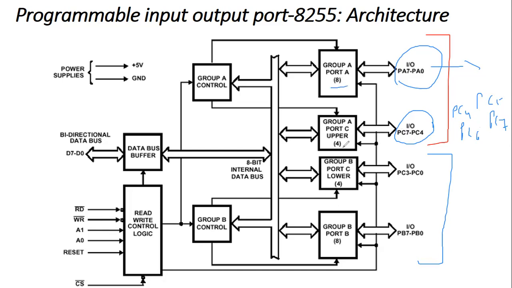In total, 8 pins of port A and 4 pins of port C. Now group B consists of the lower 4 pins of port C, PC0 to PC3, and all the input-output lines of port B, from PB0 to PB7.